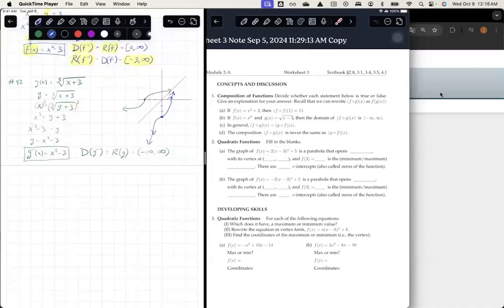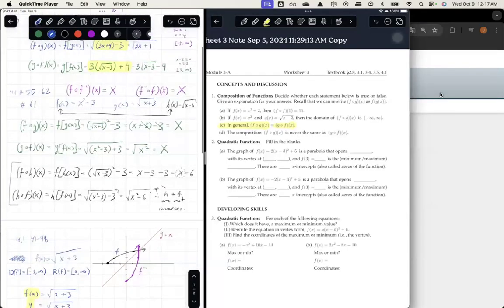Recall that we can write f of g of x as f of g of x. Okay. Yeah, so let's start with part C. In general, f of g is the same as g of f. Is that true in general?